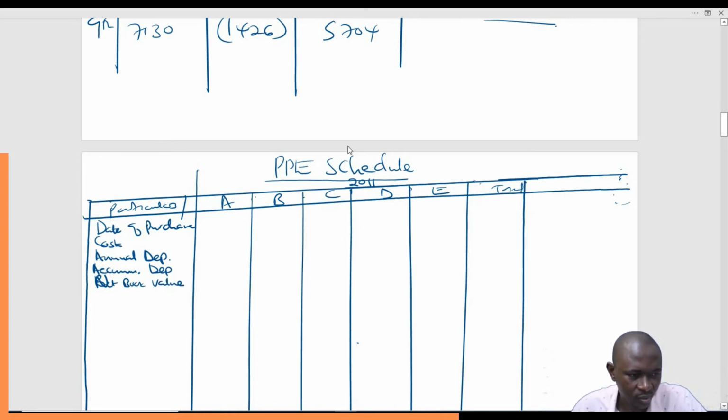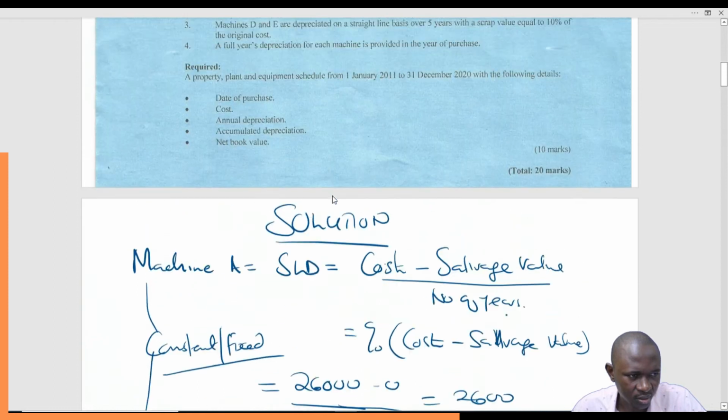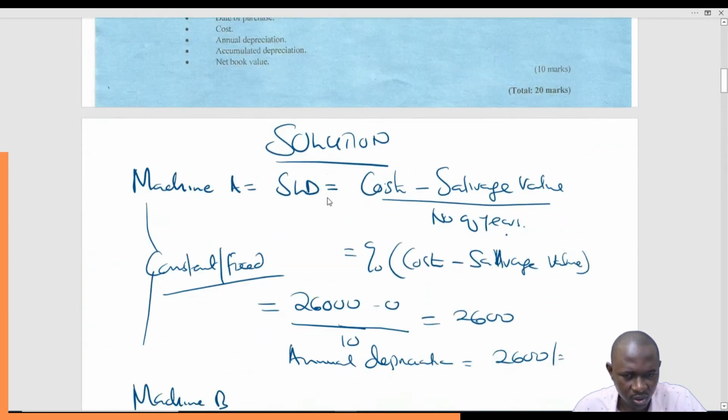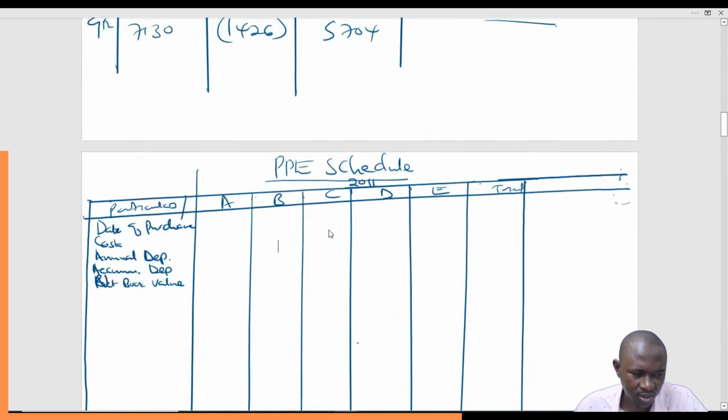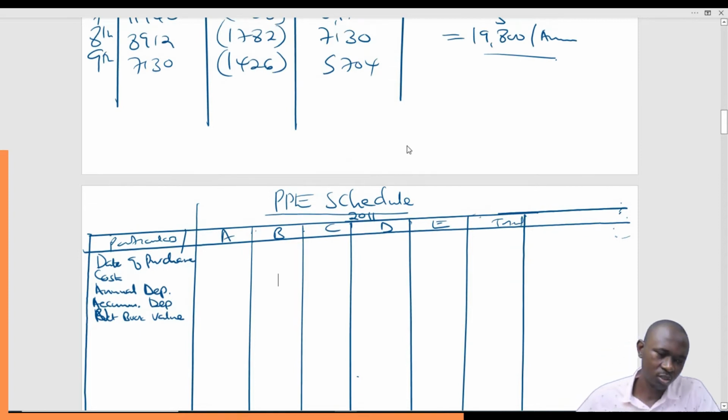Net book value, yeah, that's what the question wants, and it's for 10 years. So you simply come here and you start filling the details for 2011, 2012, up to 2020.